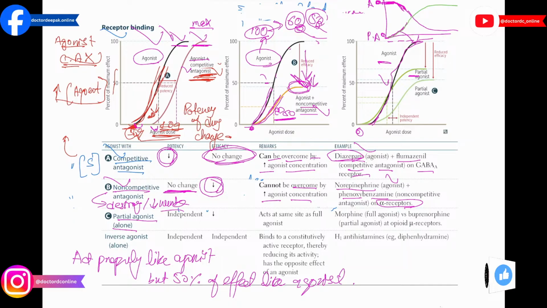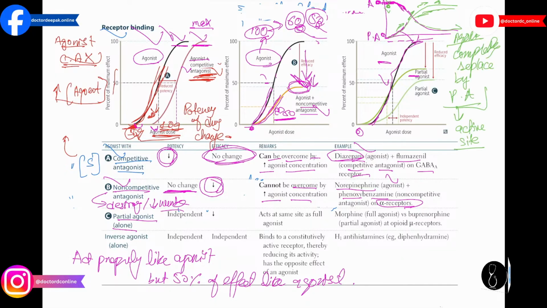And secondly, the partial agonist attaches to the same active site where the agonist attaches to the receptor. I think it's clear for you guys. So the partial agonist is independent for the potency, but it will decrease the efficacy.